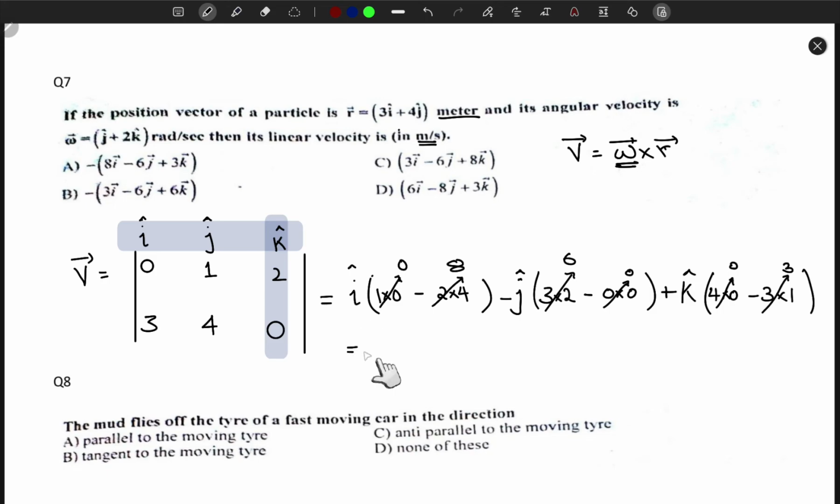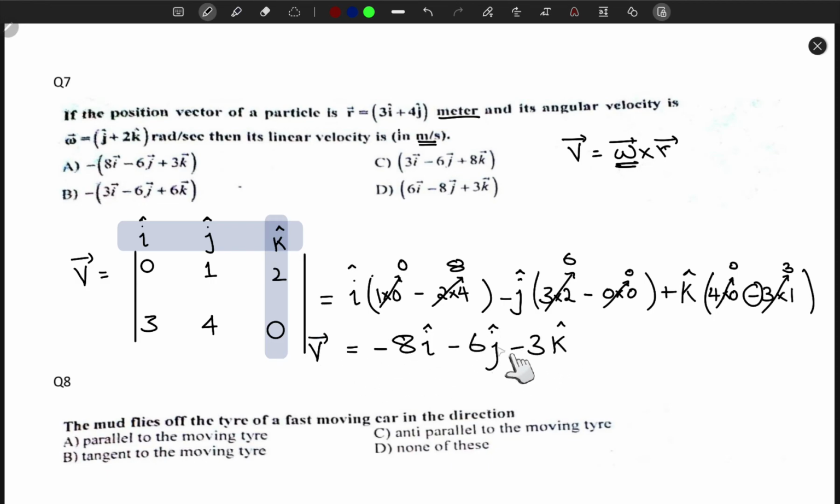So what we are left with is minus 8 i hat minus 6 j hat and, remember this minus sign, minus 3 k hat. So that's our answer for V, right?